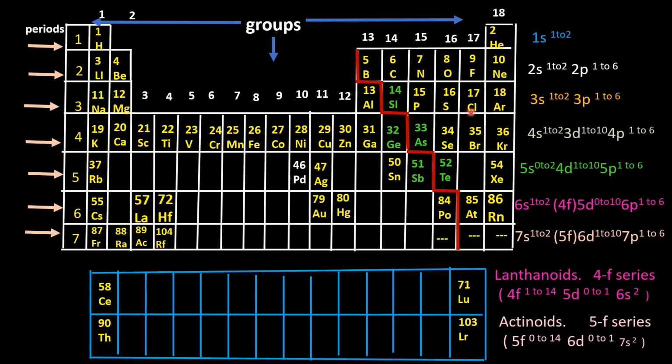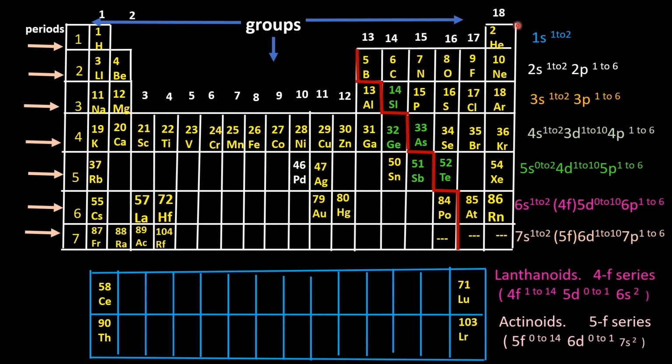Now let us see the group-wise valence shell electron distribution. For the first two groups, that is group number 1 and group number 2, the last electron goes to the s subshell. So for group 1, the valence shell electron distribution will be ns1, and for group 2, it will be ns2. So these two groups are called s block.